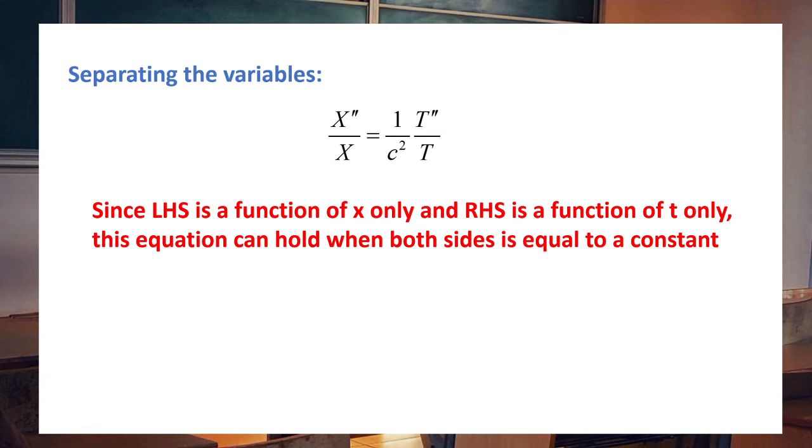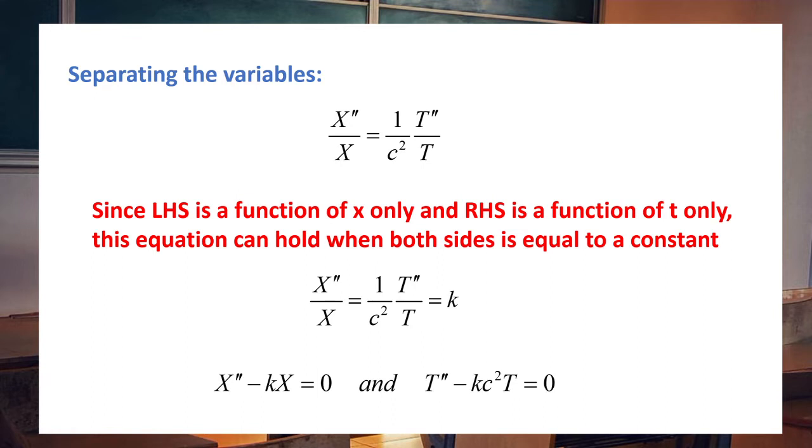That means a function of x alone is equal to a function of t alone, which is possible only if both sides are equal to a constant. So let it be k. So we have two equations, X double dash minus kX equal to 0 and T double dash minus k c² T equal to 0.